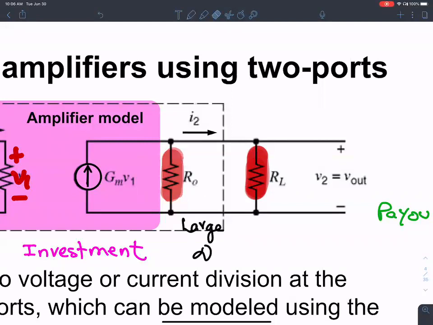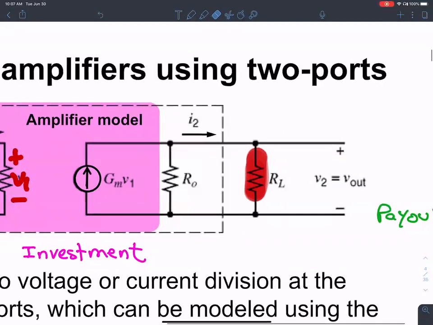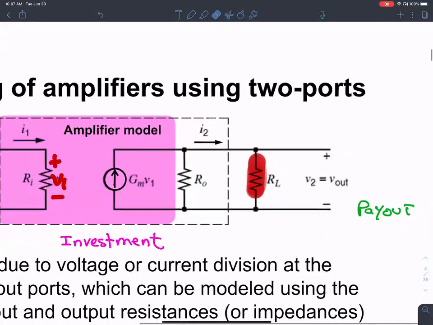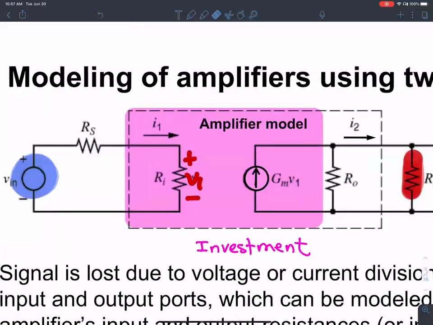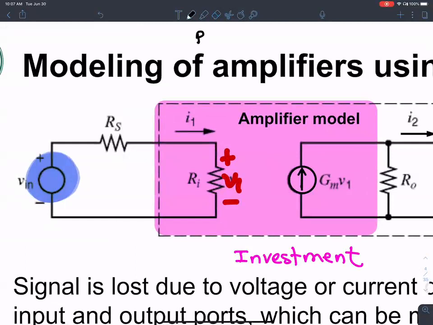If R naught is infinity, or really large, then most of the current is going to flow through the load resistance, and I'm losing very little in the way of commissions, thinking in terms of the analogy of financial investment. Similarly, a parallel resistance in the output, you want it to be ideally infinity.